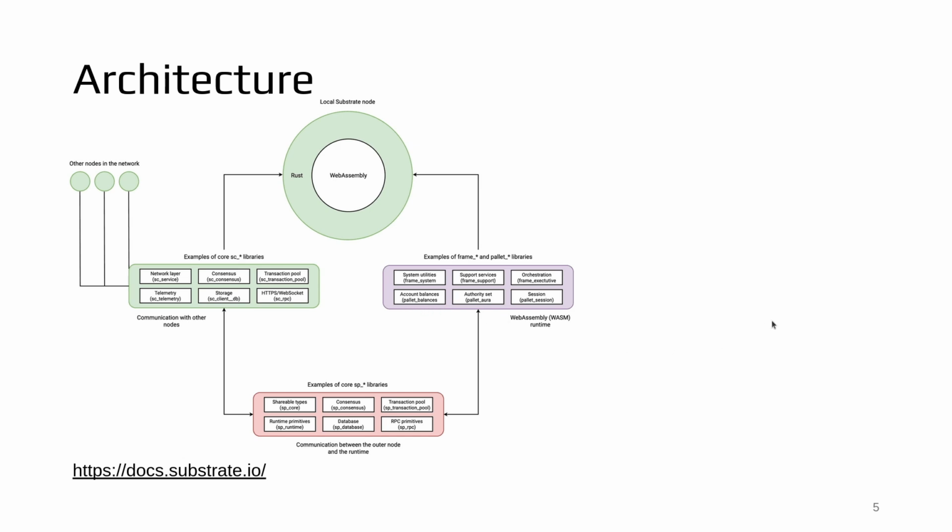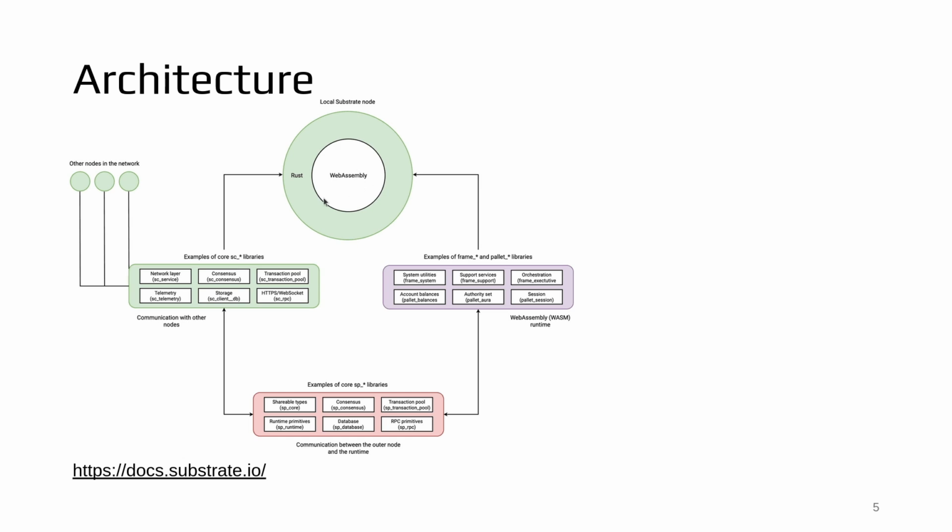And these pallets are just basically normal Rust crates that provide the necessary functionality for the runtime. So all of these things are implemented as Rust crates. So the consensus itself is just the SP consensus, and so on. So this is just the Rust part.